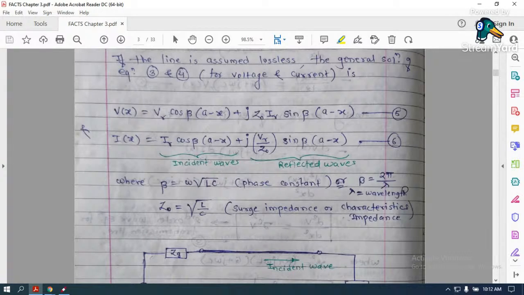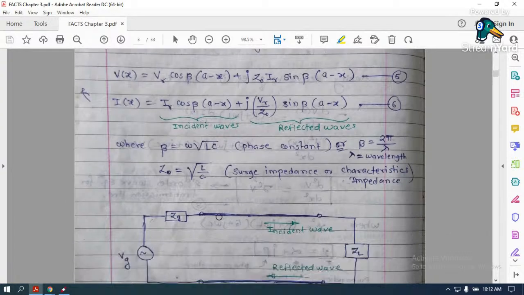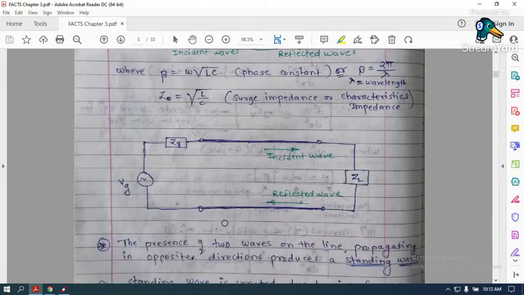In that, beta and Z0: Z0 is nothing but the surge impedance, which is also called the characteristic impedance, and we have considered here a lossless line. That's why it is under root L by C, and the phase constant is given by omega under root LC, and from that wavelength is equal to 2 pi by beta.